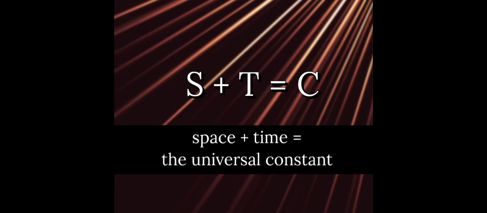Okay, so S plus T, space plus time, has to equal C. And we're going through time at the same speed that the light is going through space. So by the same token, we're light speed through time, which means we experience the maximum amount of time.